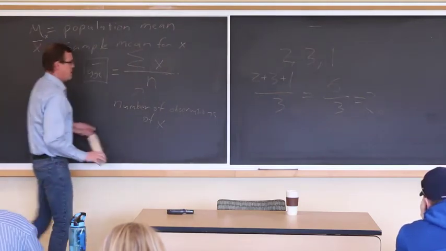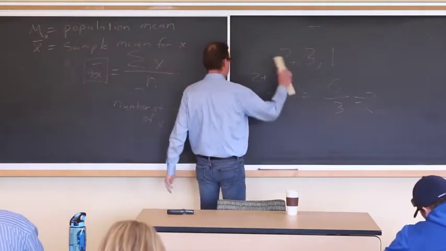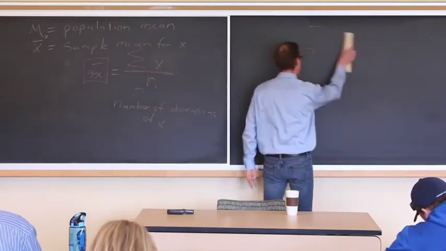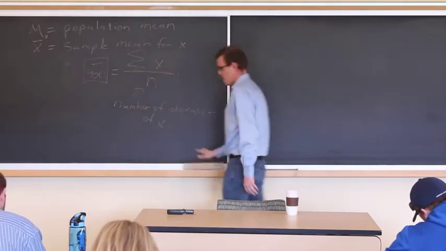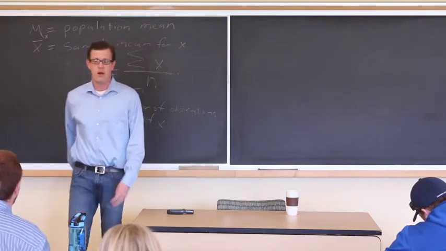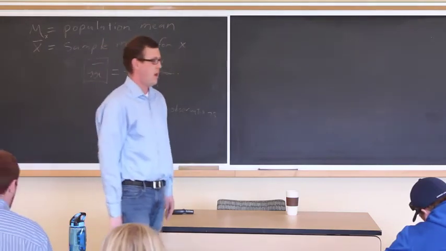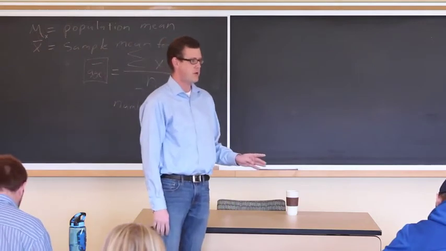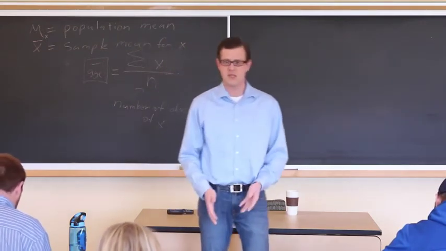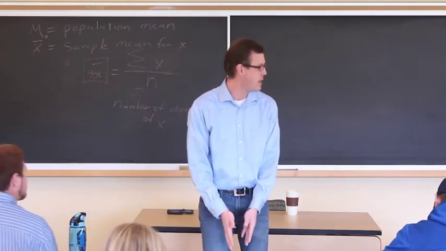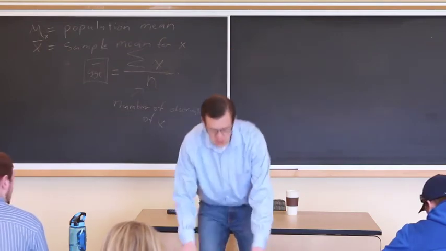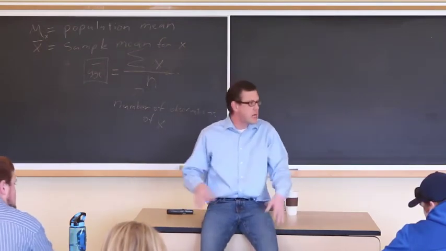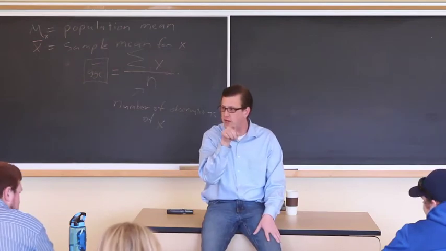What is variance? Does anyone know yet? Is it like the range of the data? It's something very similar to the range. So the mean tells us about the central tendency of the data. If you think about things in physics, the mean literally is like the balance point for the data.